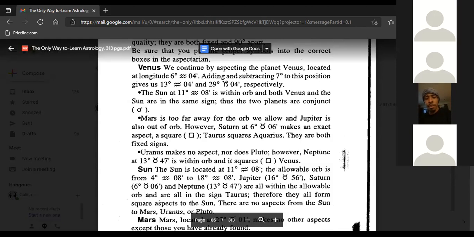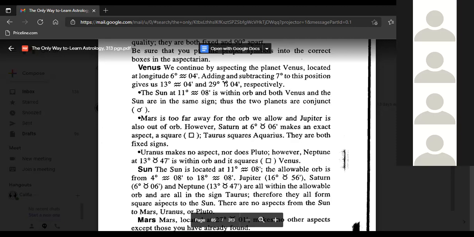However, Neptune at 13 degrees Taurus, 47 seconds, is within orb and it squares the sun. The sun is located at 11 degrees Aquarius, 8 seconds. The allowable orb is from 4 degrees Aquarius, 8 seconds to 18 degrees Aquarius, 8 seconds.